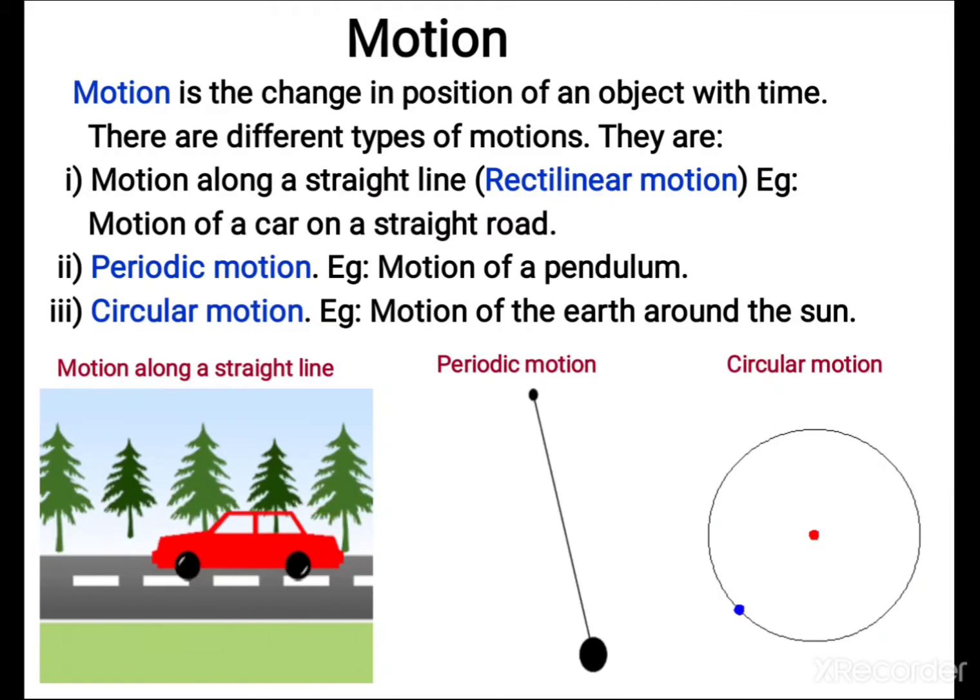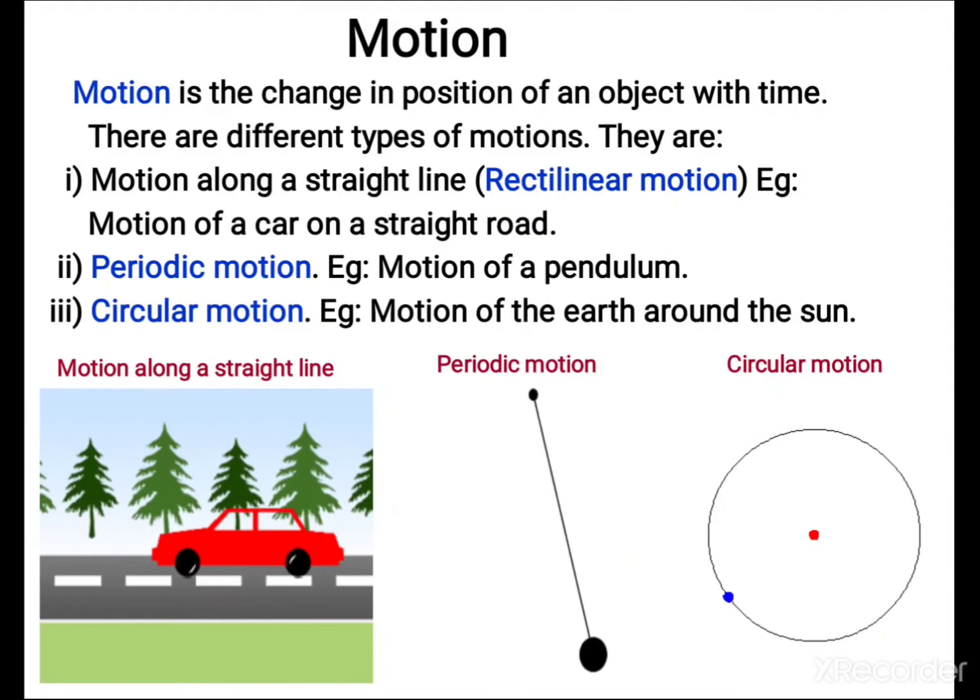Example, motion of a car on a straight road. Periodic motion. Example, motion of a pendulum that repeats itself at certain time intervals. Circular motion. Example, motion of the earth around the sun.